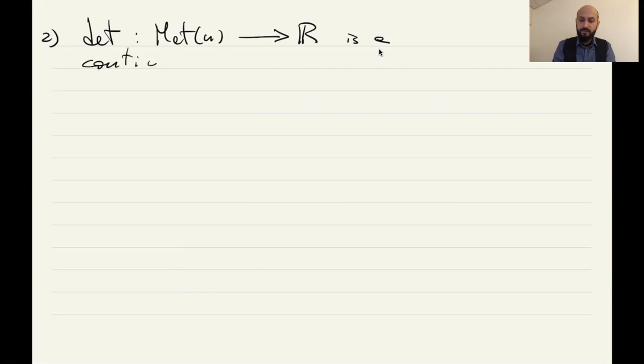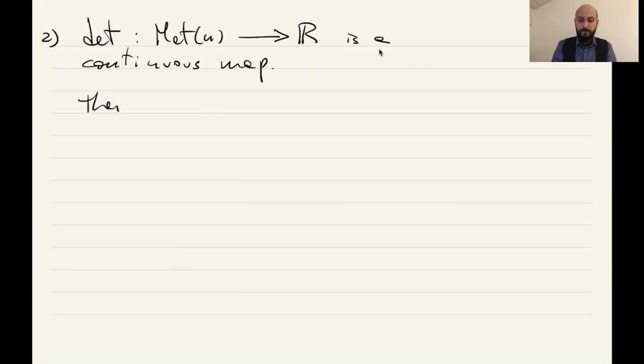The second remark is that the determinant function from the space of matrices into R is a continuous map, because it can be calculated with a polynomial map of the coefficients.